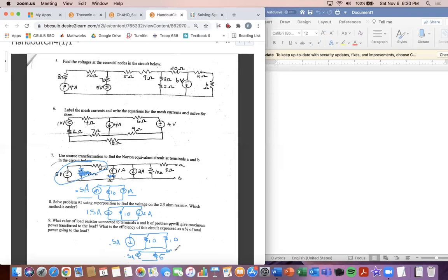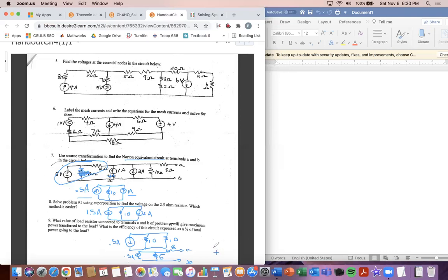So what we need to do is create a Thevenin equivalent. So this 5 ohm becomes in series with the voltage source in order to produce our final Thevenin. And then we'll convert that finally to a Norton equivalent because it asked for it. So 0.5 amps times 5 ohms gives us 2.5 volts for a voltage source.